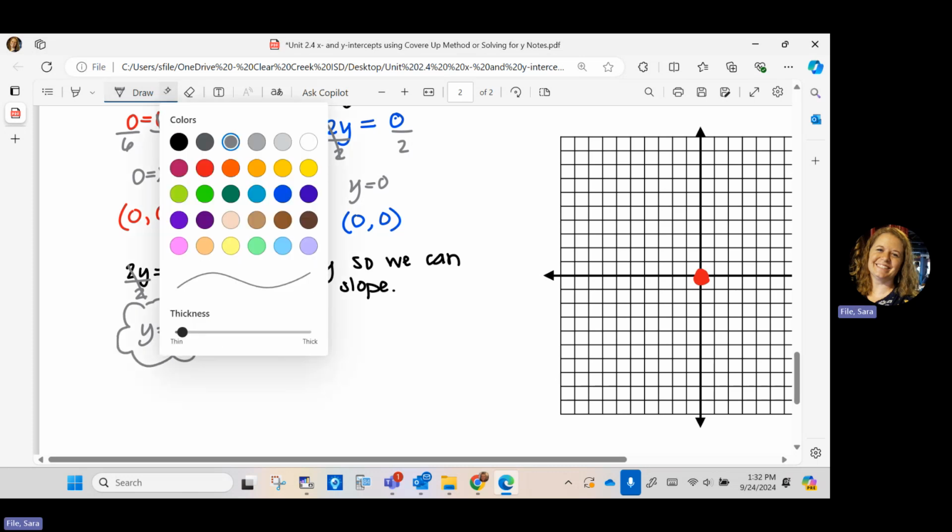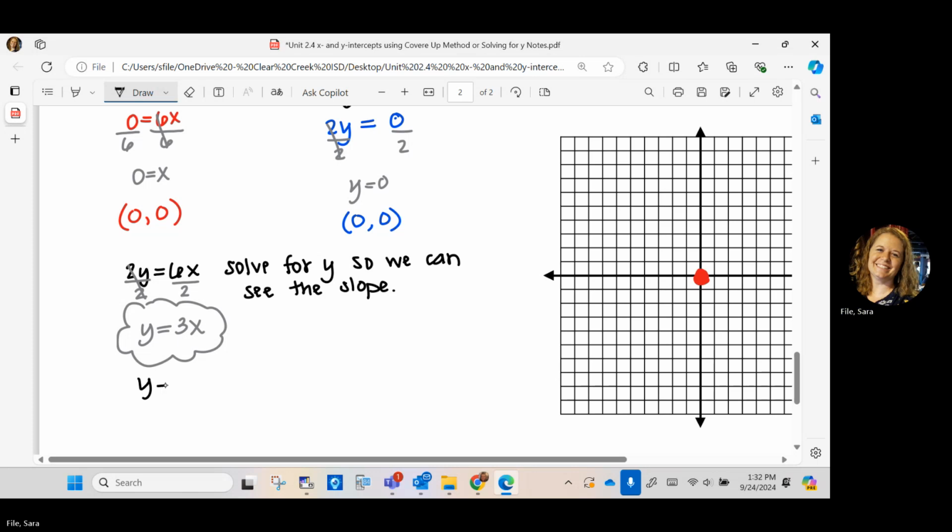If we think of that in terms of y equals mx plus b, when we have it solved for y, what part of that is our slope? Remember, m is the slope. So here, that's 3. So our slope is 3. I could come over here and count.